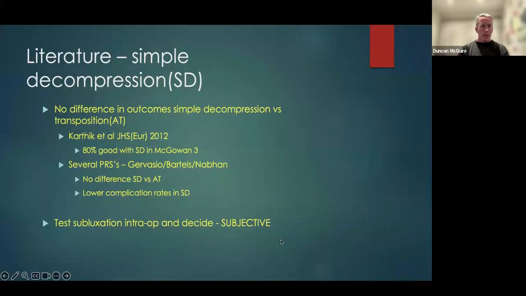It's difficult to say exactly what the best approach is, but in the McGuire 3s, if we find compression under Osborne's ligament, we don't transpose. But if it looks like a fairly normal nerve, it's probably a dynamic problem, so then we do transpose. But definitely test for subluxation. If it is subluxing or even perching, as it often tends to perch on top of the medial epicondyle, then it should be transposed.